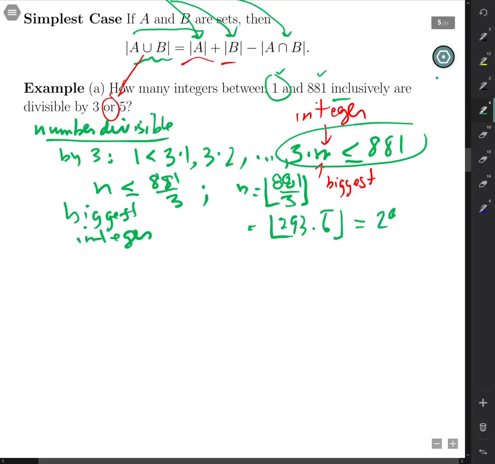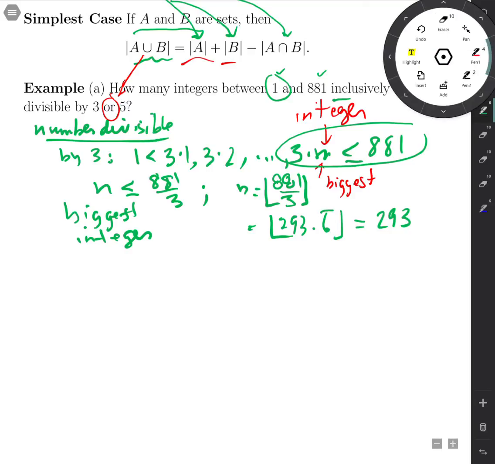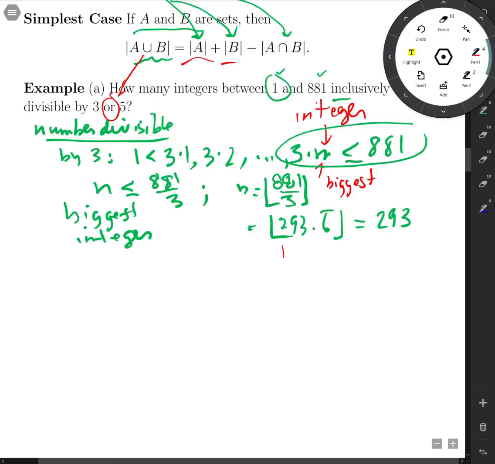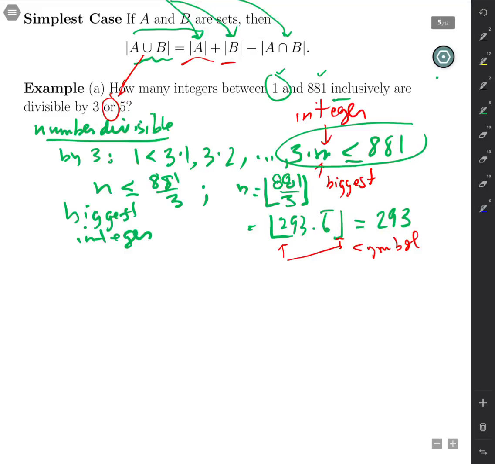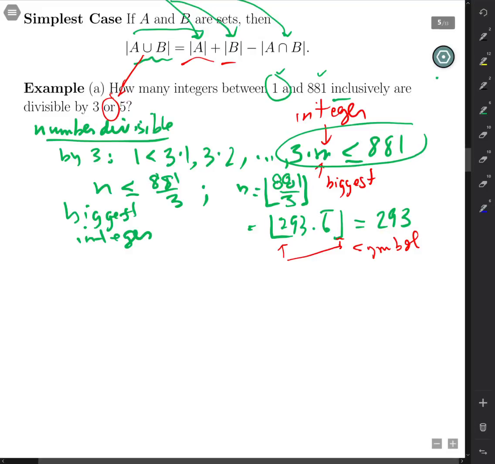So that's 293. When you're doing this, I would appreciate it if you would use the symbol for the floor function. I think it's good to get used to a symbol that has some meaning. And so here we have 293 is the actual value that we're going to count there.